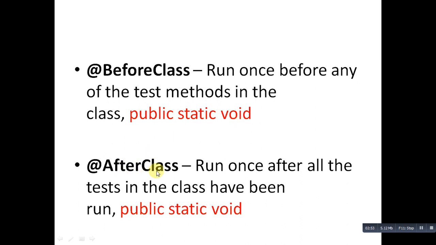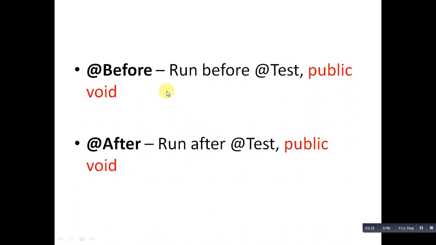The @AfterClass is another one that runs once after all tests in the class have been run. So whenever you put this one in our test class, you are going to execute it only one time. You are going to have one run for this one and another one for the @AfterClass.